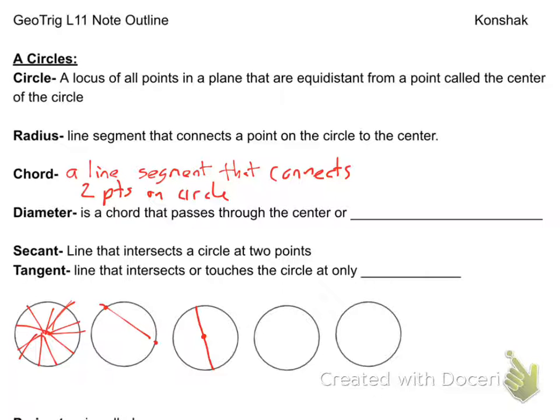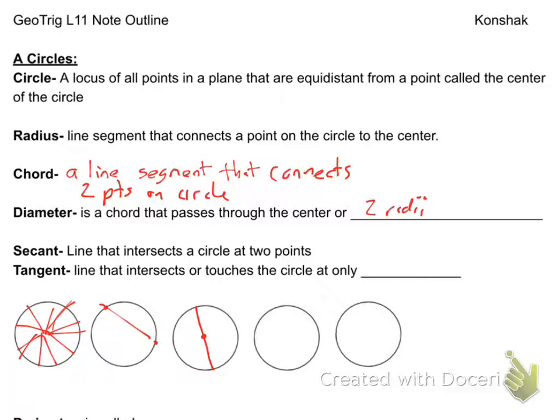It is a chord that goes through the center, and it happens to have the length of 2 radii. So it has 2 radii as its length. The diameter is equal to 2r. Does that kind of make sense, guys? You've done this before. You've seen this.